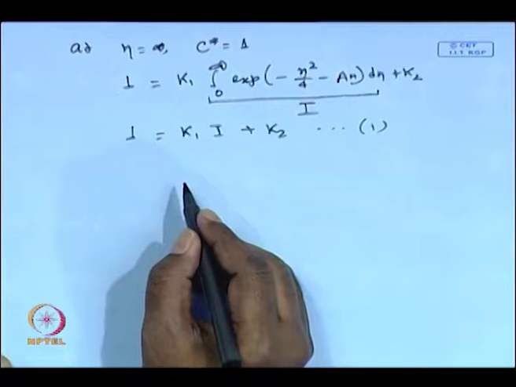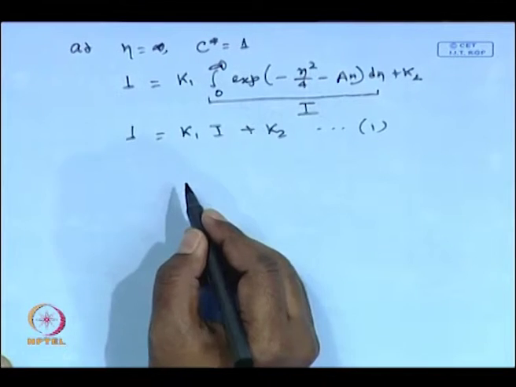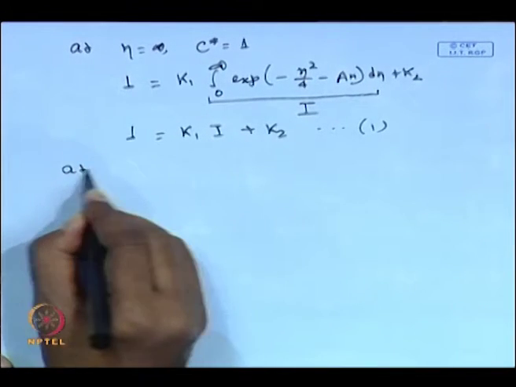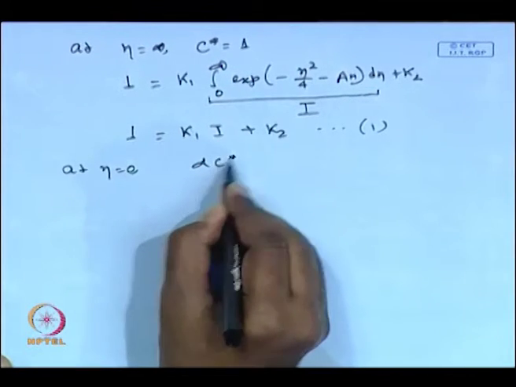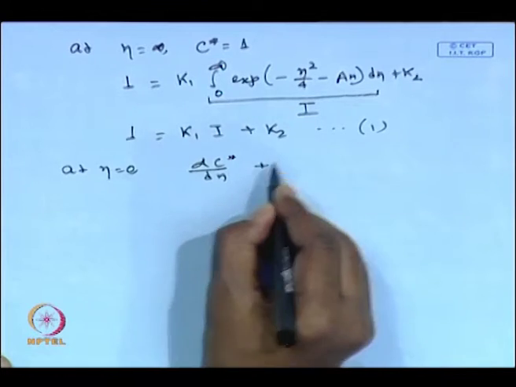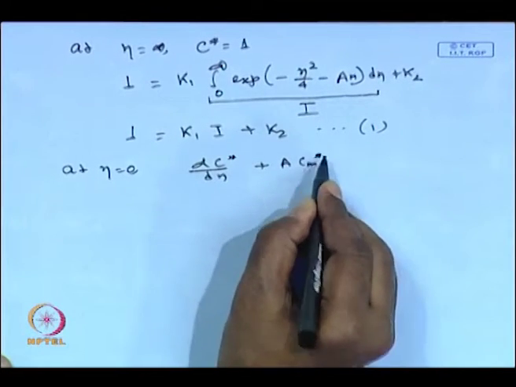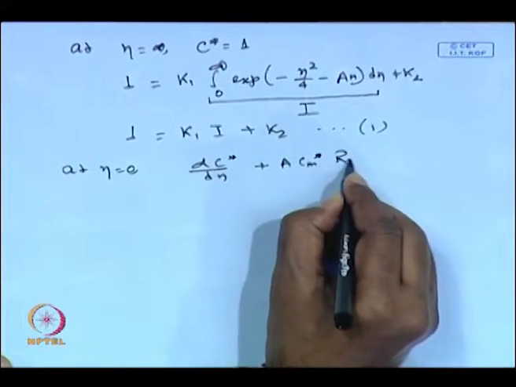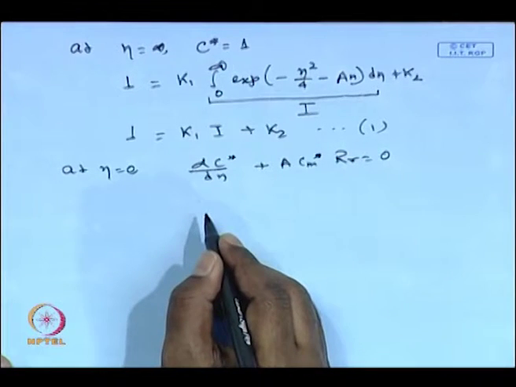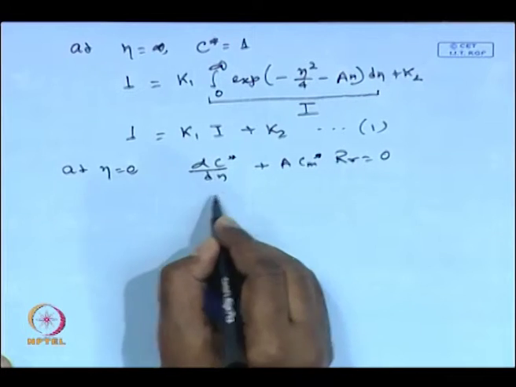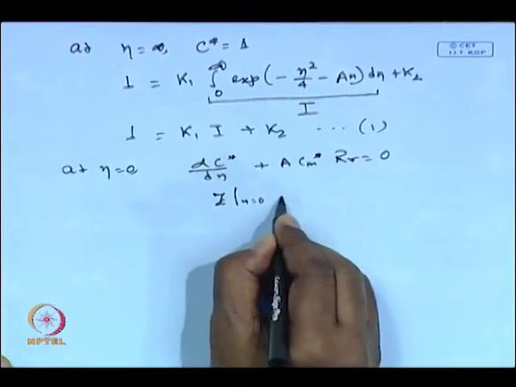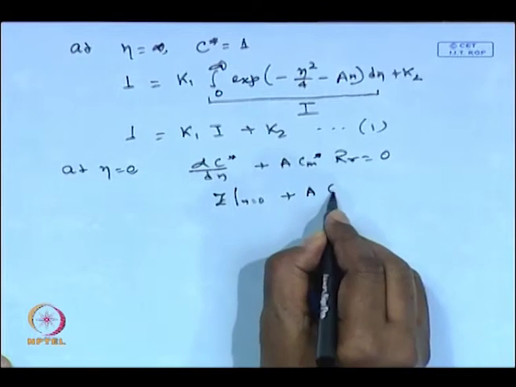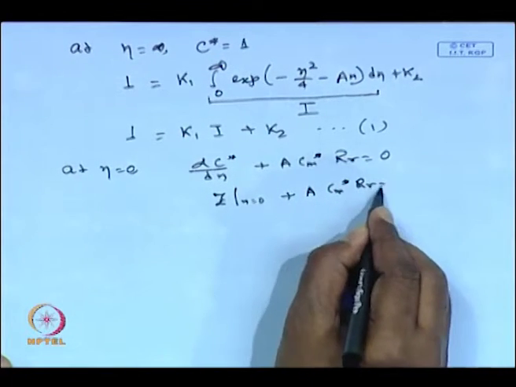Then we put the other boundary condition. The other boundary condition was at eta equal to 0, dc star d eta plus a cm star rr is equal to 0. And what is dc star d eta? It is nothing but z, the variable z you have defined, evaluated at eta equal to 0, plus a cm star rr equal to 0.